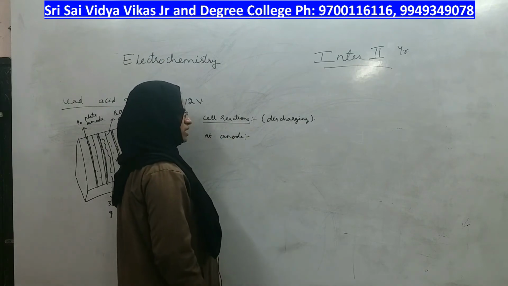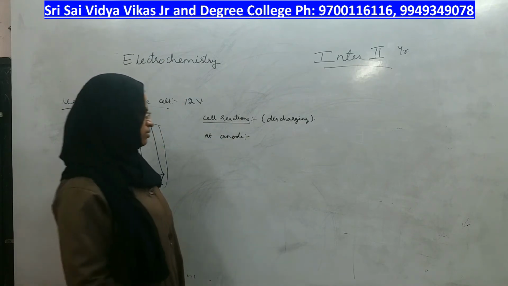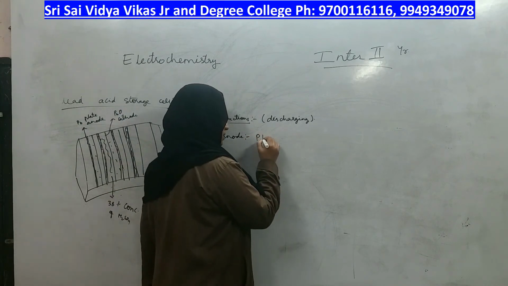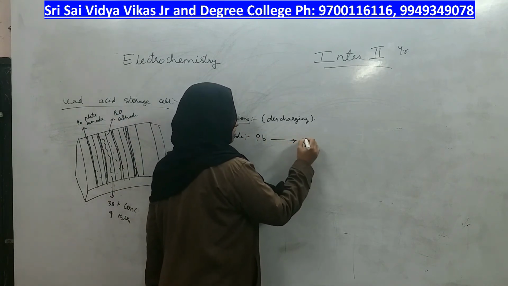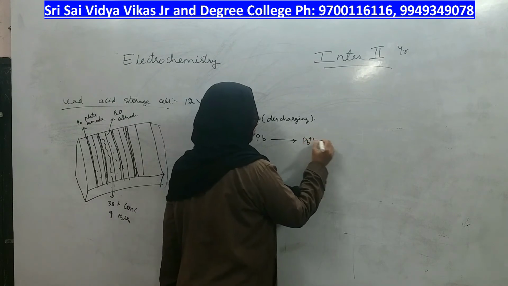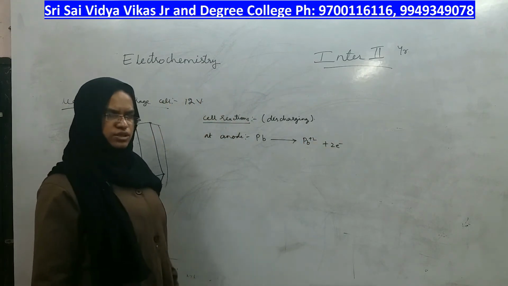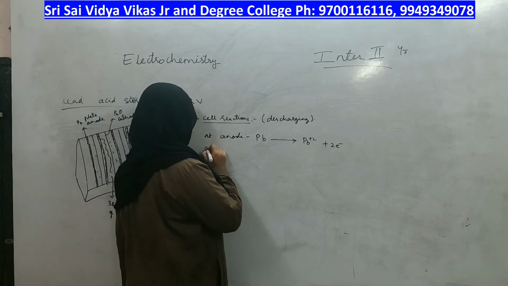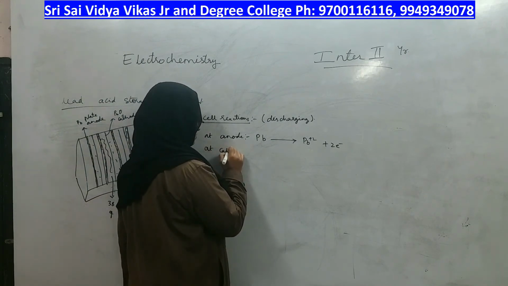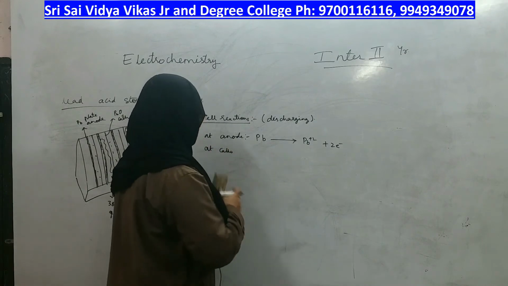Who is anode here? Lead plate is anode, and this lead plate undergoes oxidation by losing 2 electrons. Coming to cathode. This is not only one reaction.